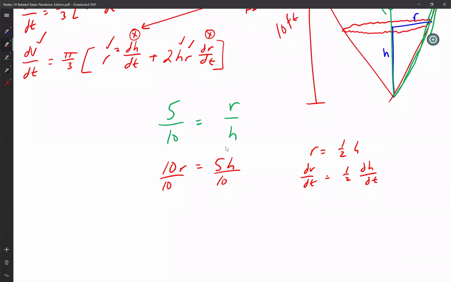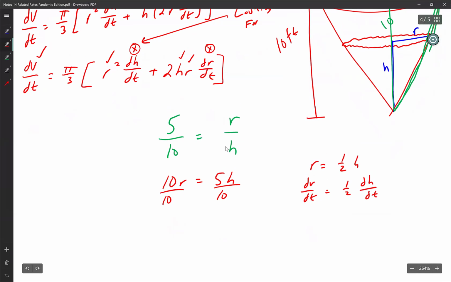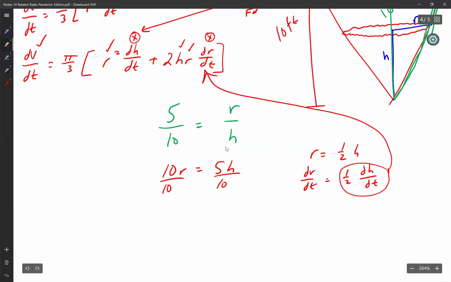All right. Yes. Here's what I'm gonna do. You could get dr/dt, but I want to have everything in terms of dh/dt. So I'm just gonna plug that in right there. And if I do that, here's my new equation. dV/dt equals pi over 3 r squared dh/dt plus, now look, check it out, guys.